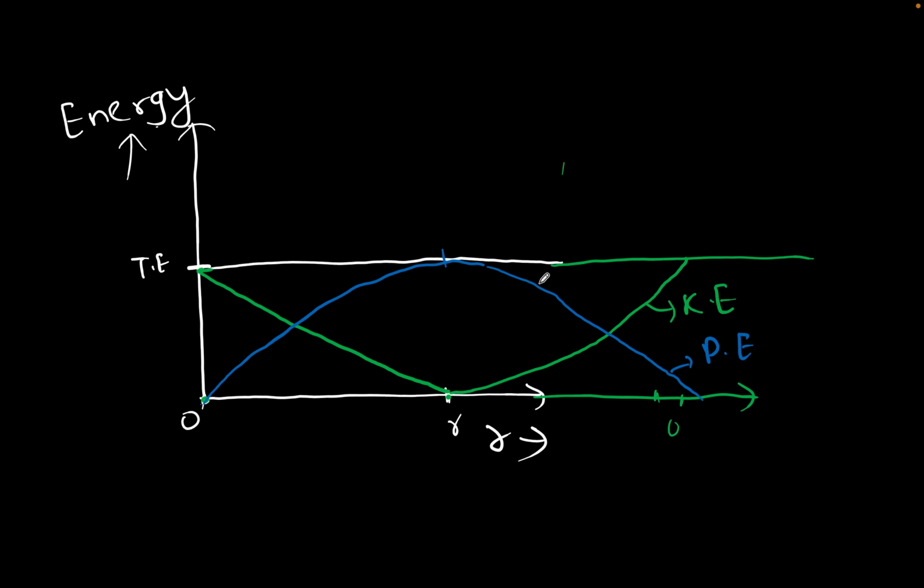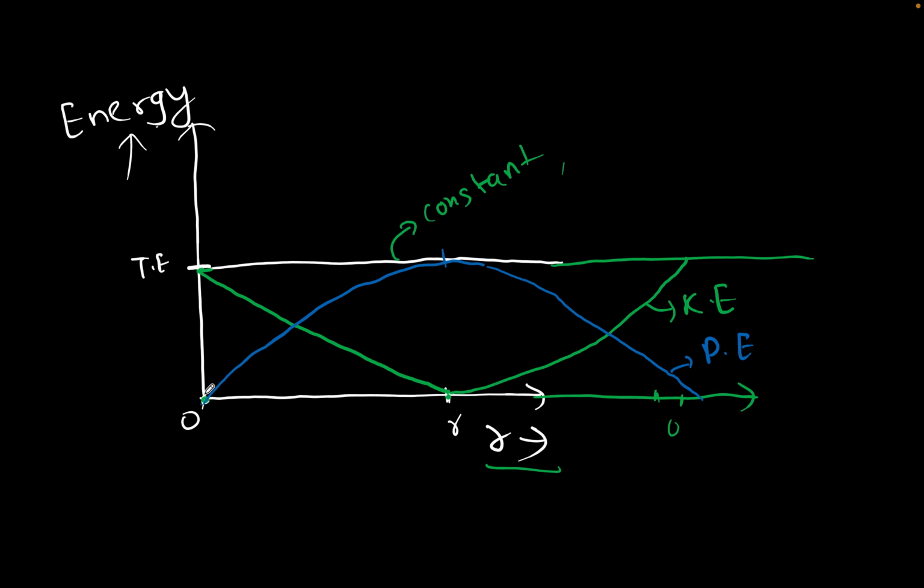Now it should be clear through this graph itself, right? So as the displacement increases, as the body oscillates, the total energy remains constant. The kinetic energy is maximum at the mean position, and it decreases up till the maximum displacement, and again starts to increase up till the mean position.